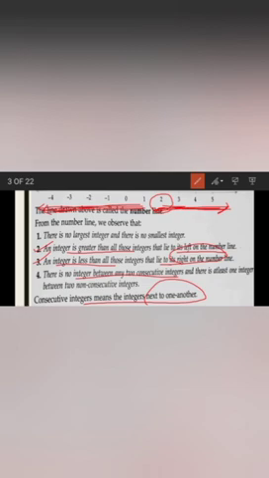So you can say there is no integer between any two consecutive integers, and there is at least one integer between two non-consecutive integers. So here you can take 4 lying between 3 and 5 because 3 and 5 are non-consecutive integers. I hope it is clear.